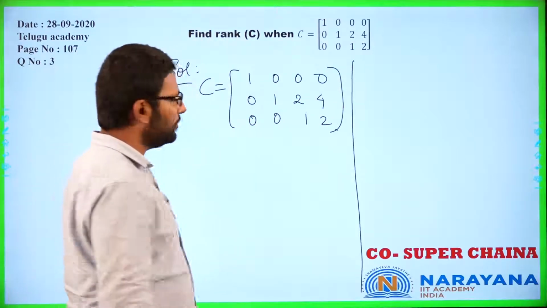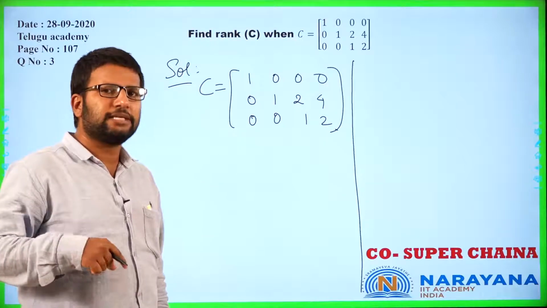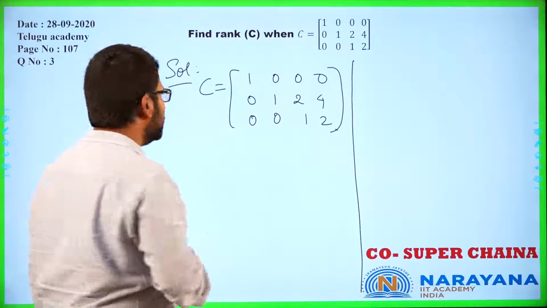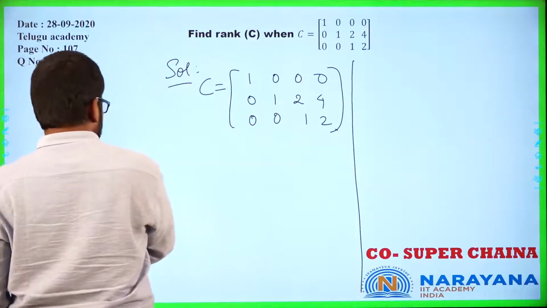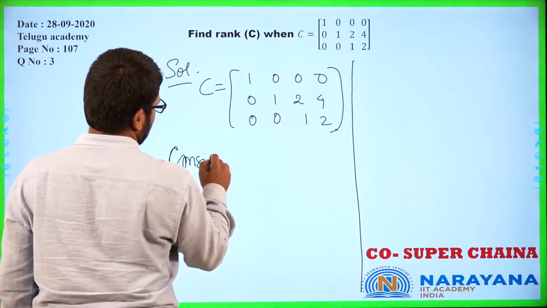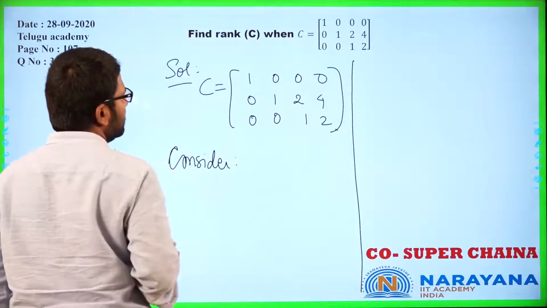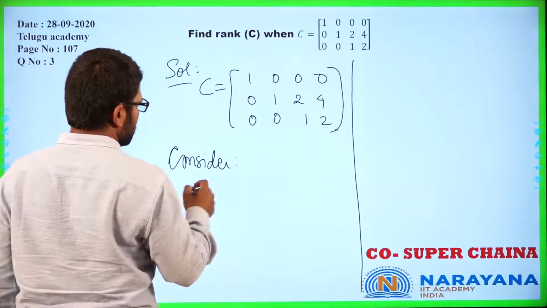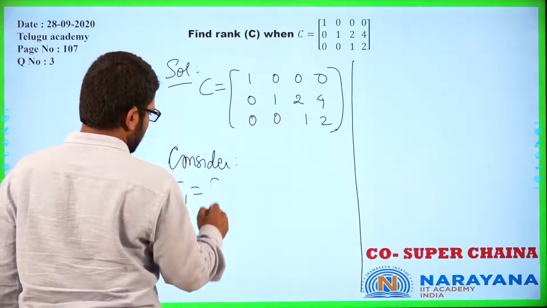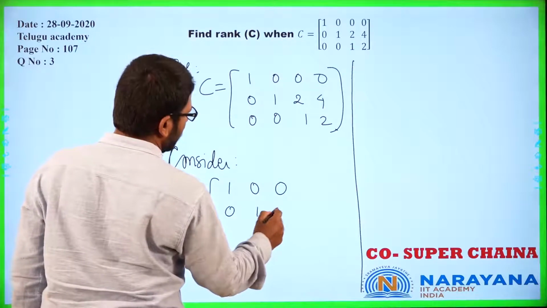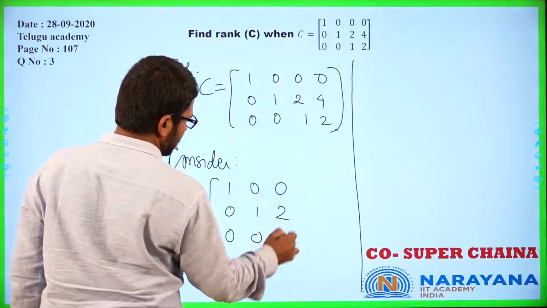Okay, what are we going to do? We need to find the largest submatrix that is not singular. So we will consider C1 equal to 1 0 0, 0 1 2, 0 0 1.